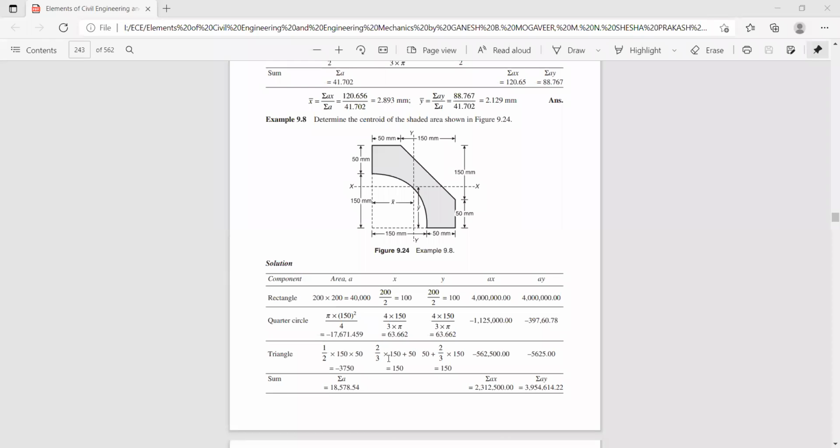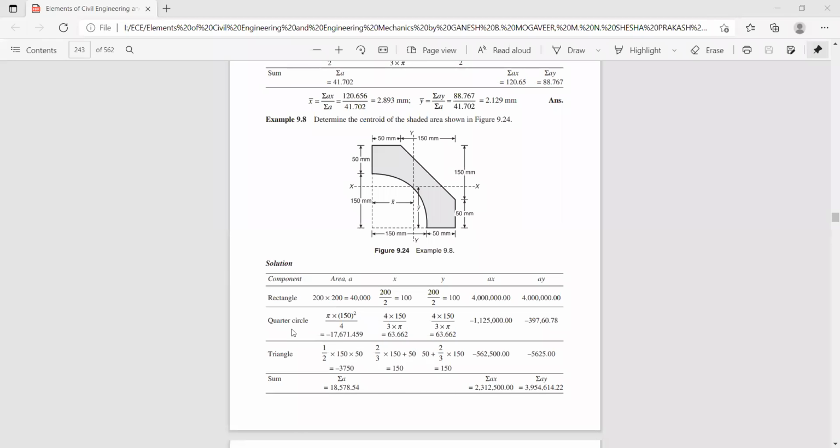And the x1 is 50 plus 2h by 3. Now you can see here 50 plus 2h by 3. So that is correct. And similarly y1 or y3 is, you can see here 50 plus this height, that is 2h by 3. It is correct. Only thing is here 1 is missing. Instead of 150 it is being printed as 50.